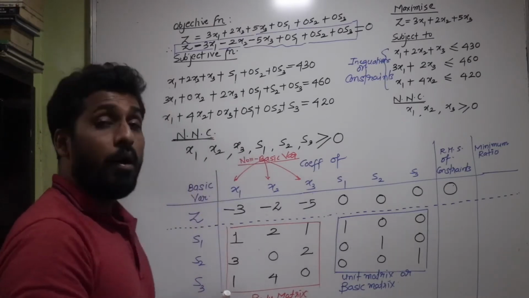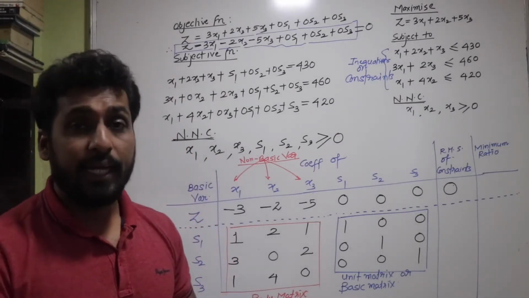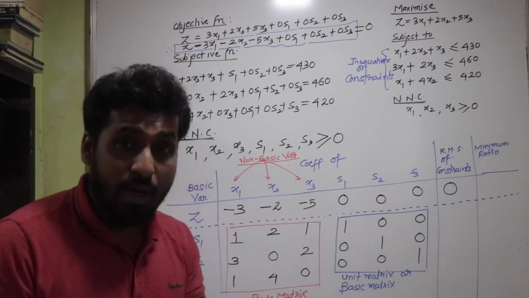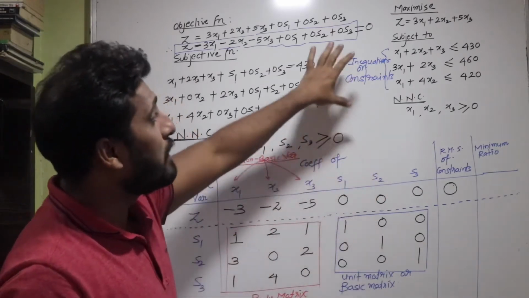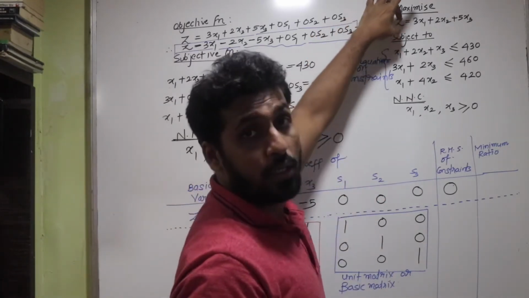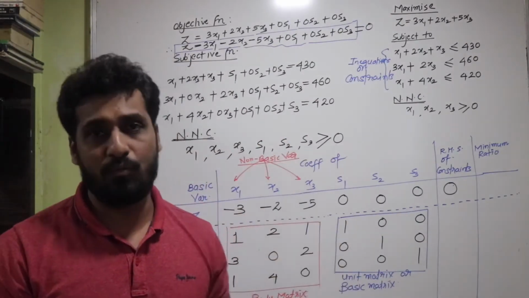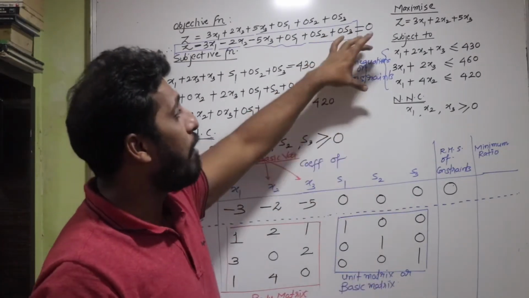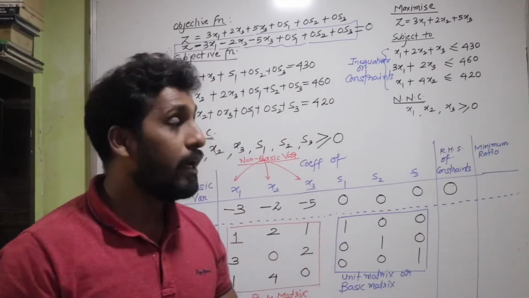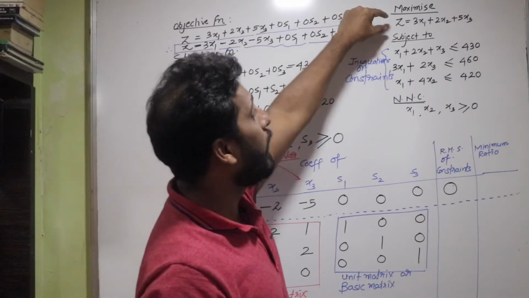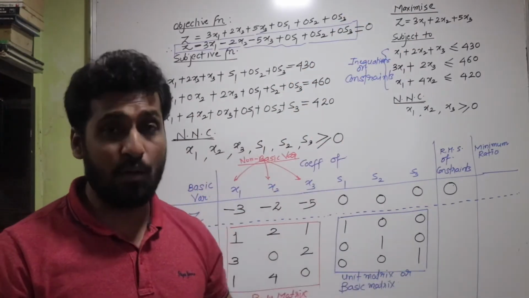Now my objective or aim of solving this question is to find some values of x1, x2 and x3 which, when substituted into the objective function, will give us the maximum value, isn't it? I have to find the values of x1, x2 and x3 in such a way that when these values are substituted in the objective function they will give us the maximum value.